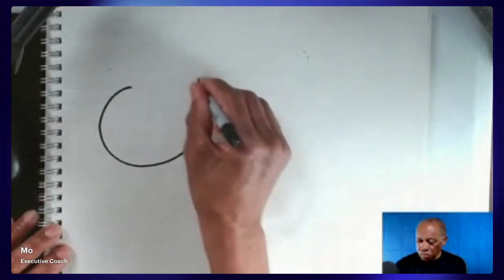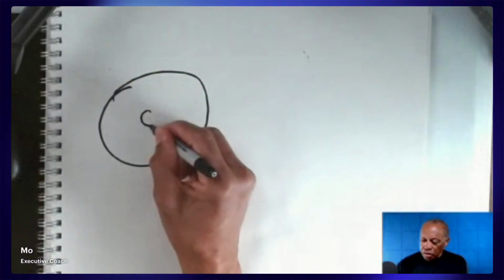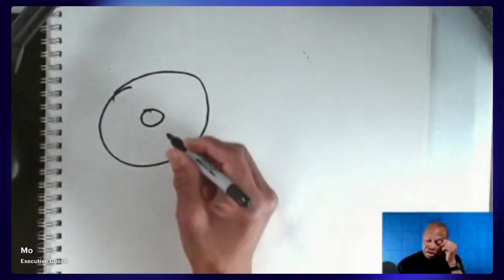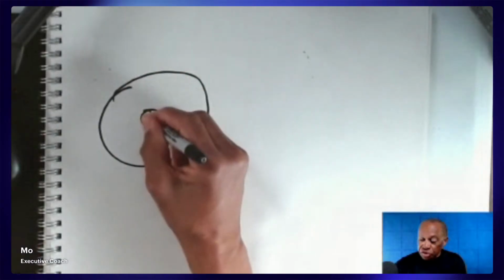So I want to talk about those three areas, and I'll just illustrate so we have a way of thinking about it. We talked about influence, borrowing from Stephen Covey, the circle of influence versus the circle of concern.